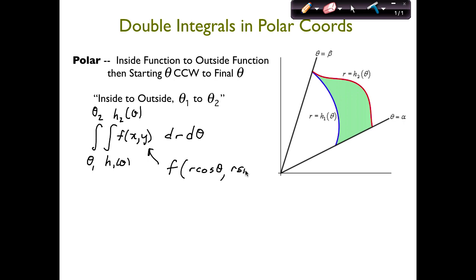Yeah, so if our function is given in x and y, then everywhere there's an x, that's now r cosine theta, and everywhere there's a y, that's going to be r sine theta. You can't just exchange x and y for r and theta. You have to do the right mathematical exchange, right?